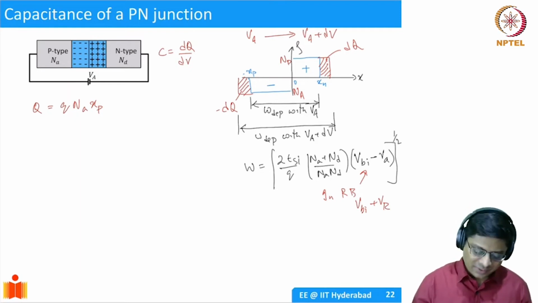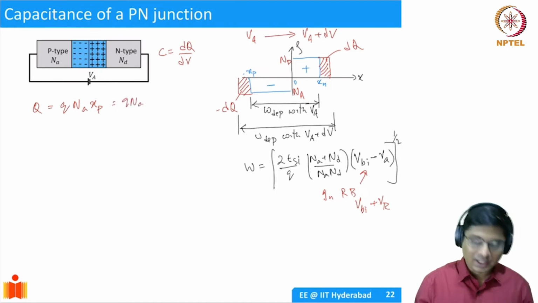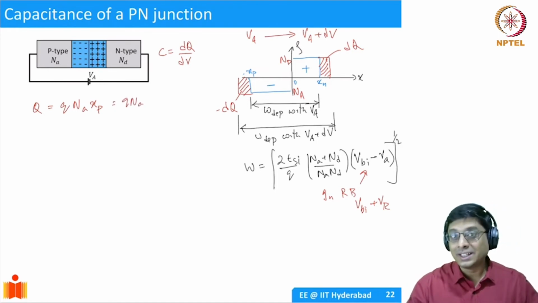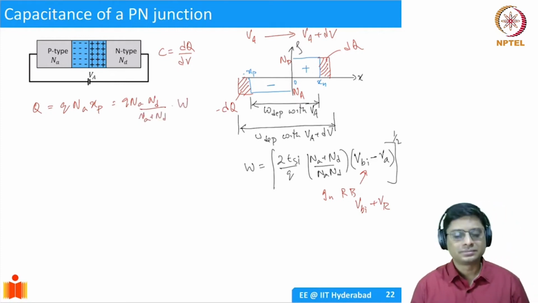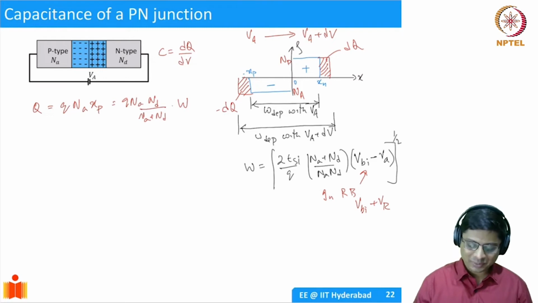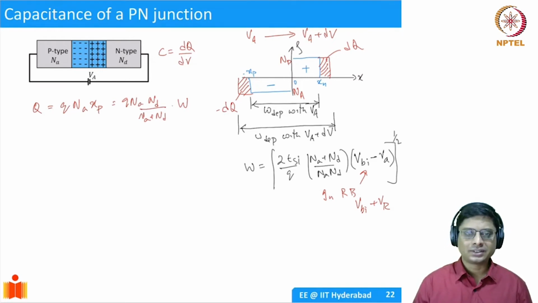And we have already derived an expression for this. We said this was Q Na and XP was proportional to Nd, right? So there was this Nd divided by Na plus Nd times width. You see, now we have managed to bring in the width, and width has a voltage dependence, right?